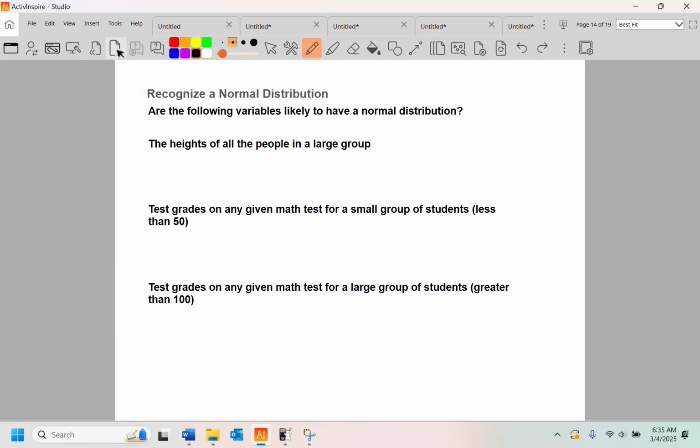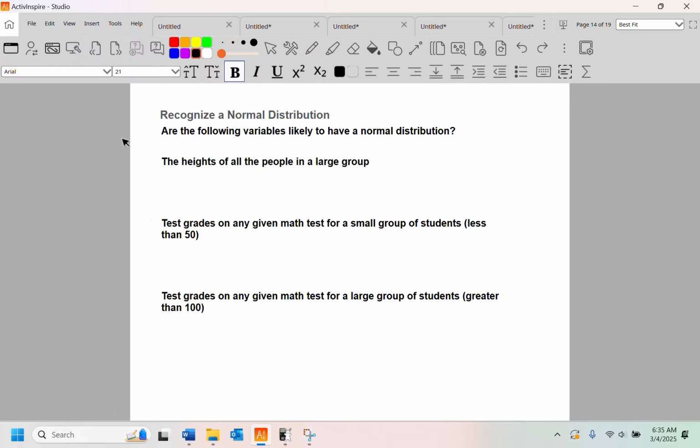All right, so recognize a normal distribution. Are the following variables likely to have a normal distribution? The heights of all the people in a large group. Yes. Heights are considered to be normally distributed. Yes, in a large group. In a small group, probably not. Test grades on any given math test for a small group of students. No, never.